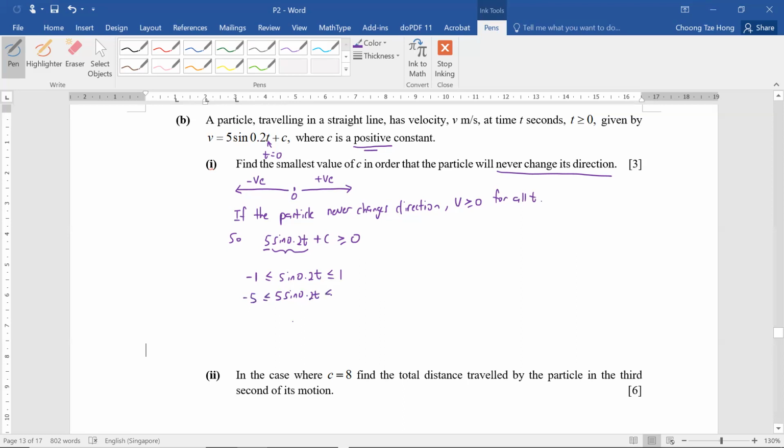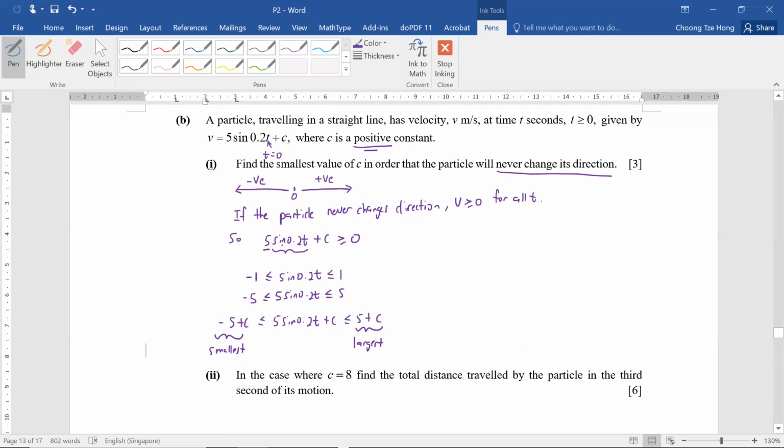Then we have a plus c behind. So we have -5 plus c and 5 plus c. This is the smallest possible value of this whole expression, and this is the largest possible value.